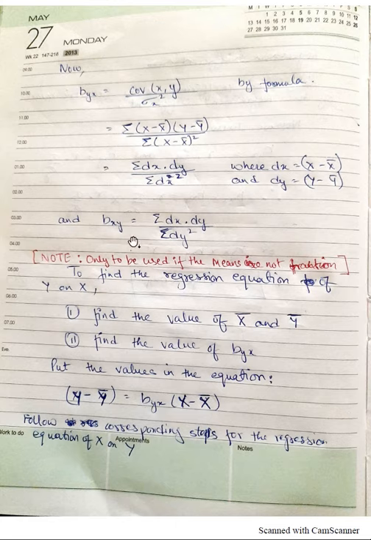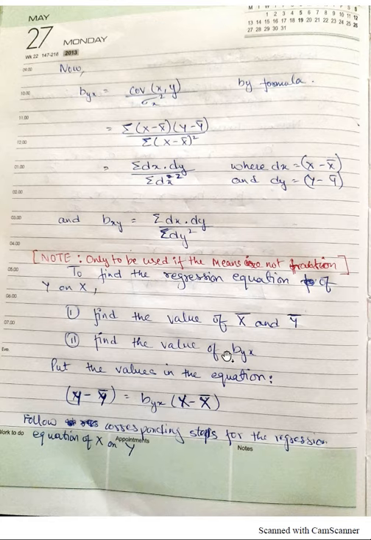property. So to find the regression equation of y on x, what will we do? First we will find the value of x bar and y bar. And the second step is find the value of byx, that is regression coefficient of y on x.